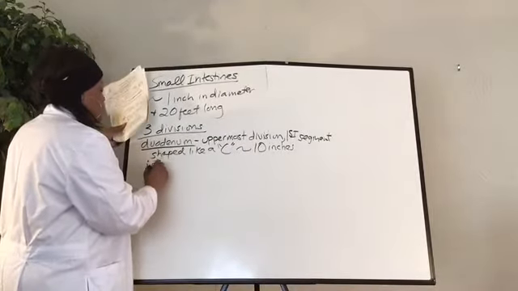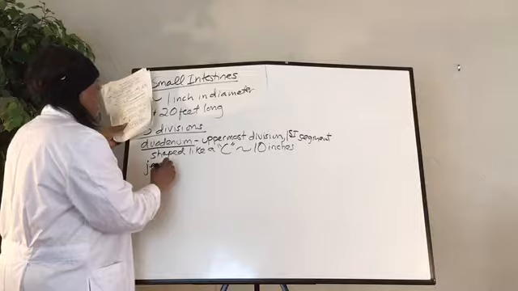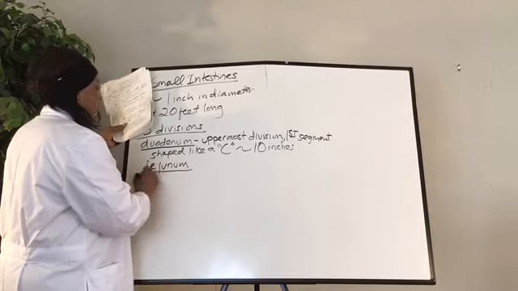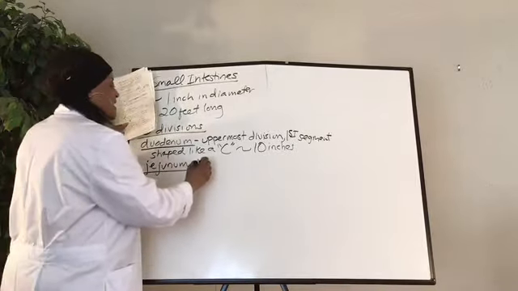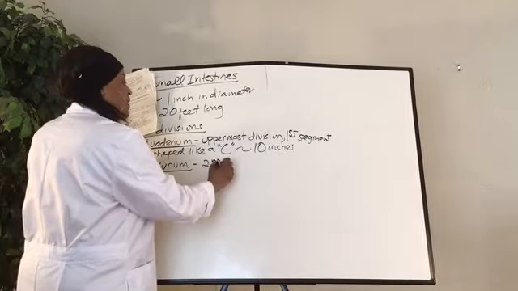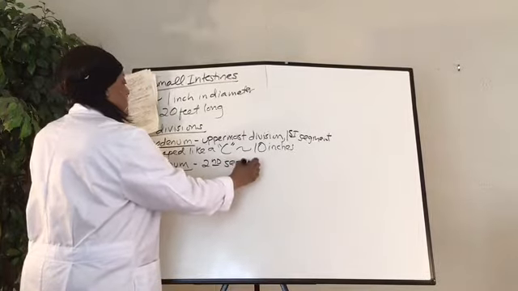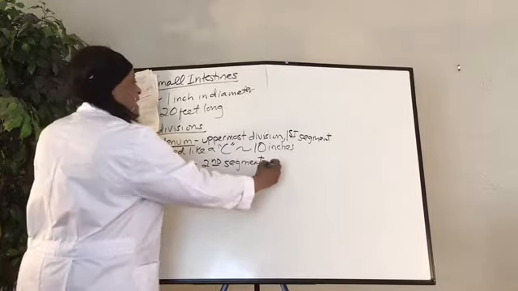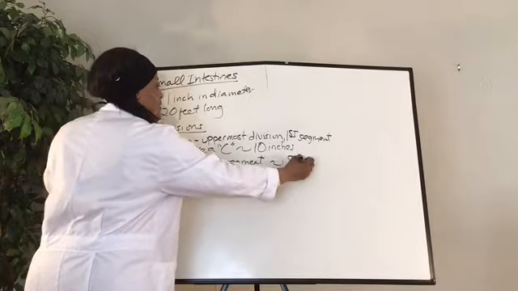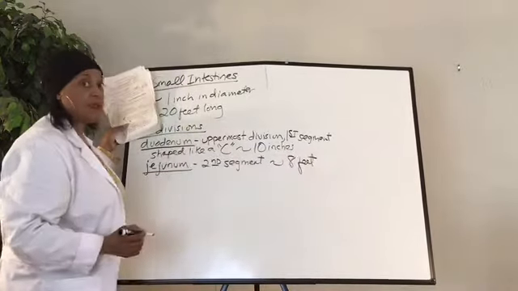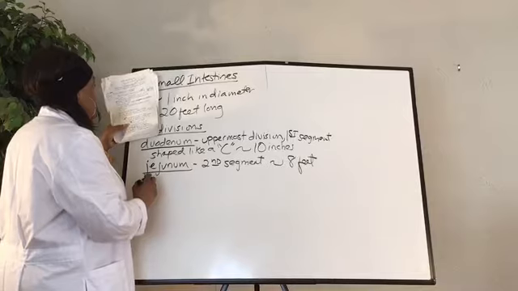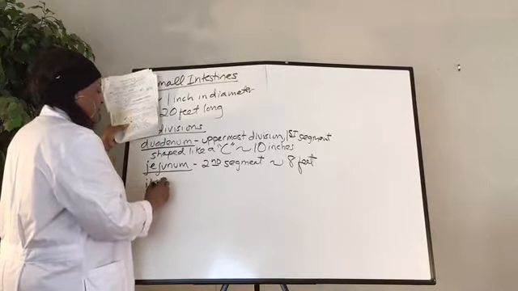And I'll do that. Jejunum. This is the second segment of the small intestine. And it is about 8 feet. So it's kind of long. That's the jejunum. And then here's the ileum.